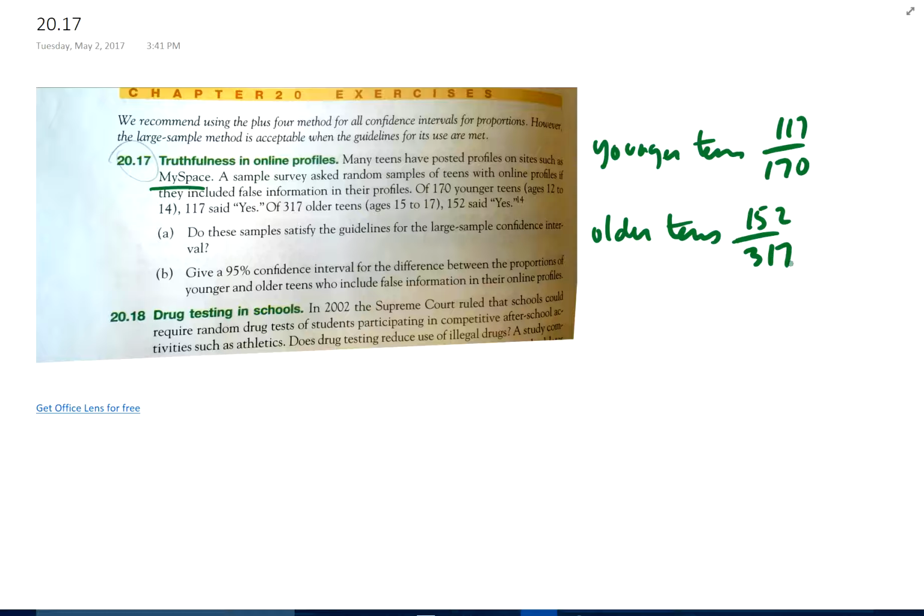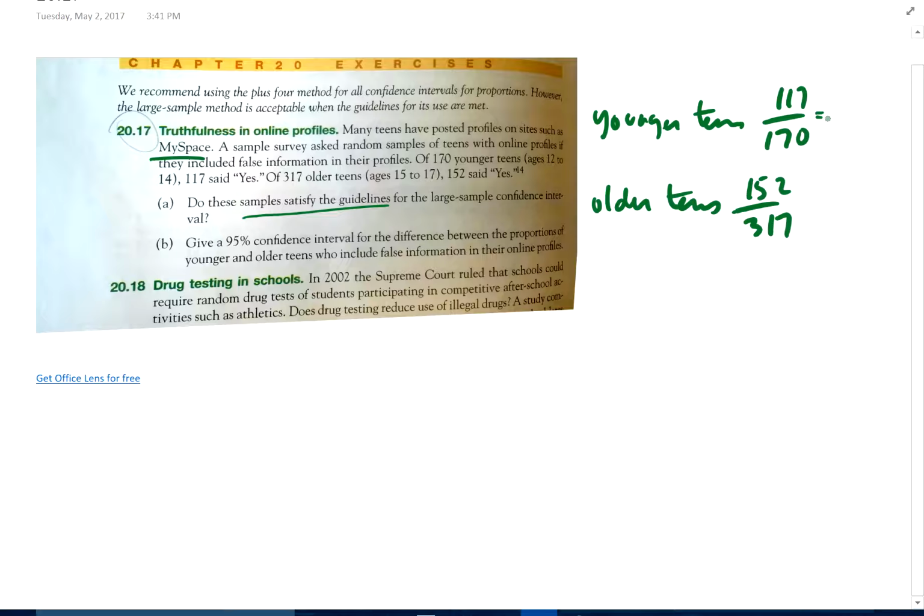And the question is, do these meet the guidelines for large sample confidence to make a confidence interval? As long as it's a random sample and the sample size is large enough. Let's just look at the percents here. What percentages are we dealing with?